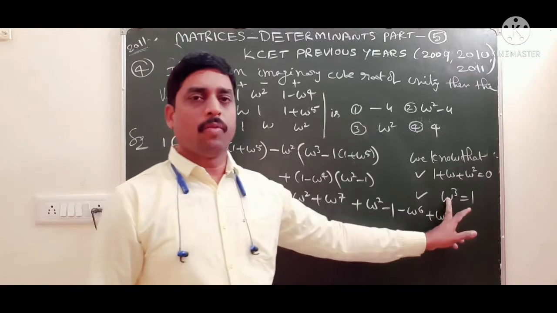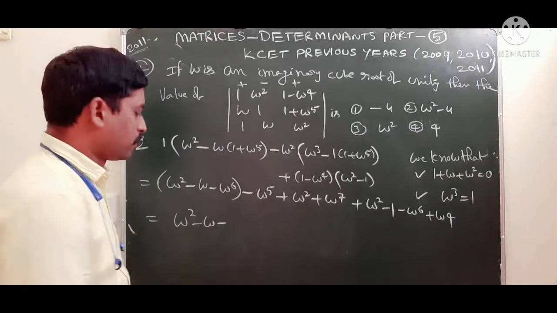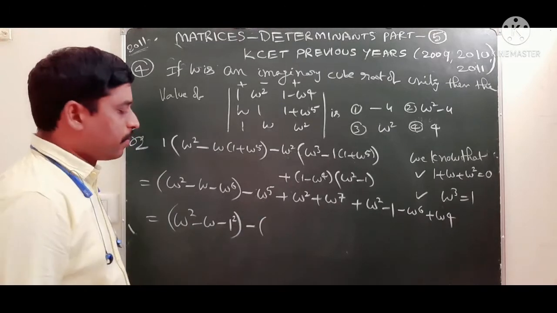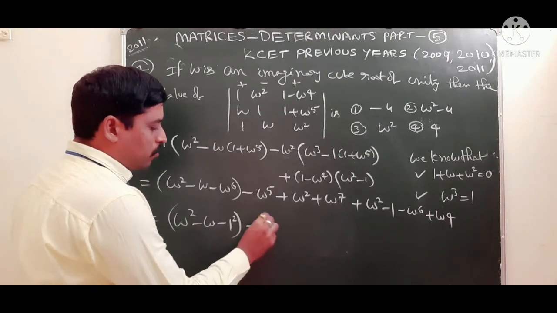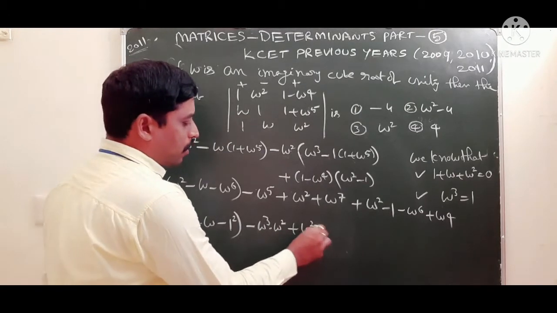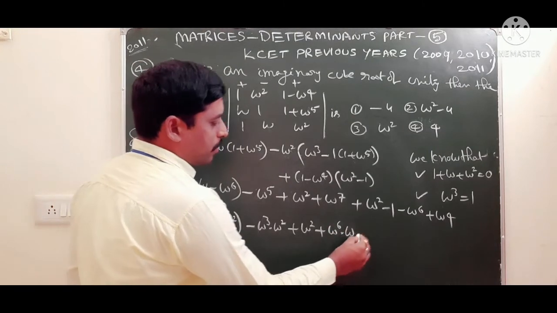Omega power 6 means omega cube whole square, so omega cube is 1 and this is 1 square. Omega power 5 can be written as omega cube into omega square, so omega square. Omega power 7 can be written as omega power 6 into omega.